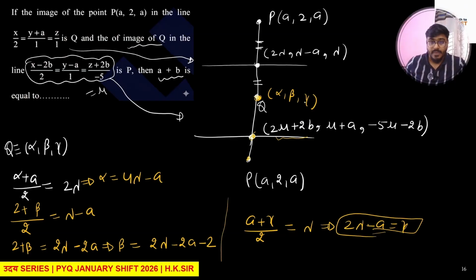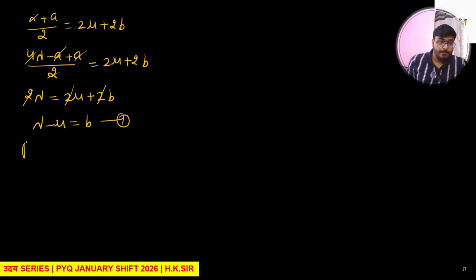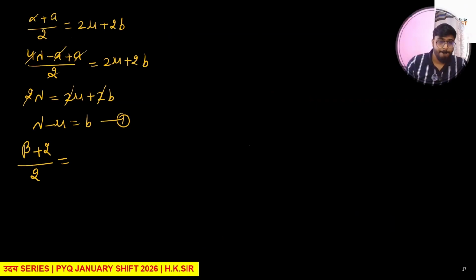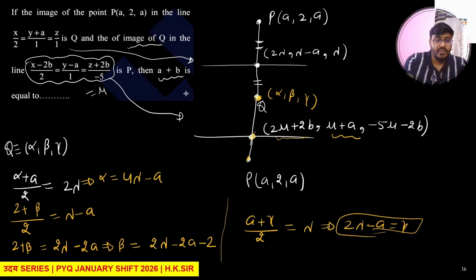After this, what can we say? Another point is beta plus 2 by 2 equal to the midpoint, mu plus a. What is beta? Beta is 2 lambda minus 2a minus 2.